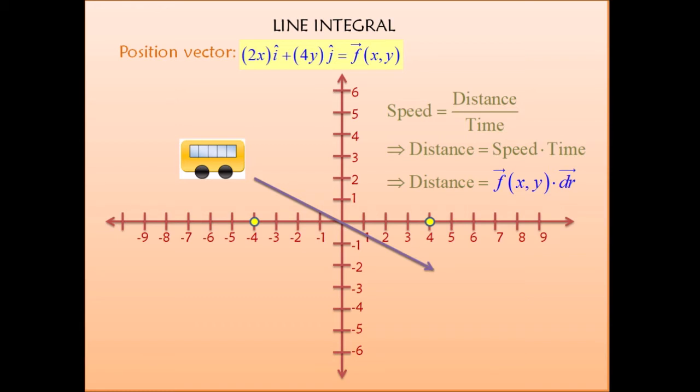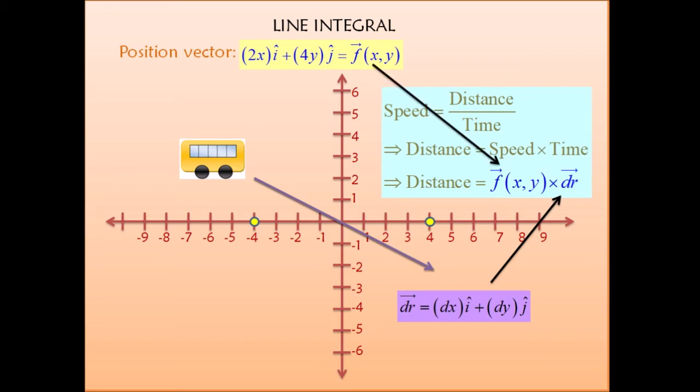We will consider dr vector as dx i cap plus dy j cap. This is a vector. Now we will substitute this dr vector in this place, and similarly we will substitute f vector xy in the place of speed.